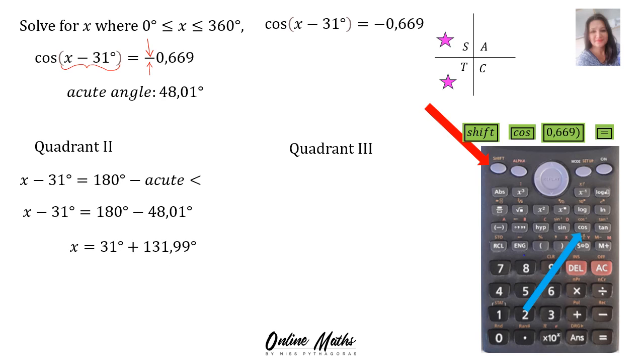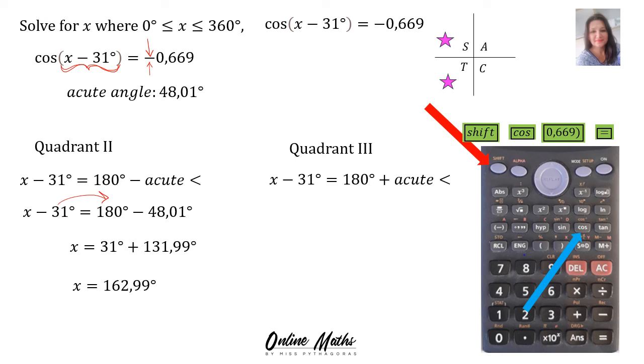Then you say 180 minus 48 is 131,99. And you can let the negative 31 walk across and it becomes plus 31. And when you add that, x is equal to 162,99 degrees.